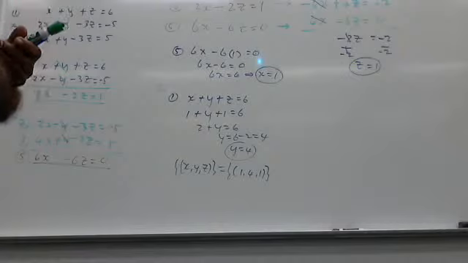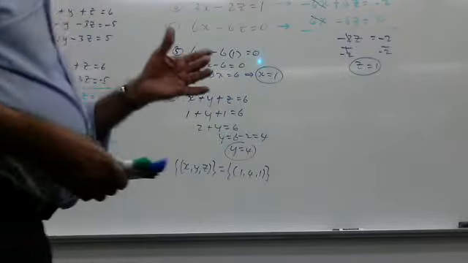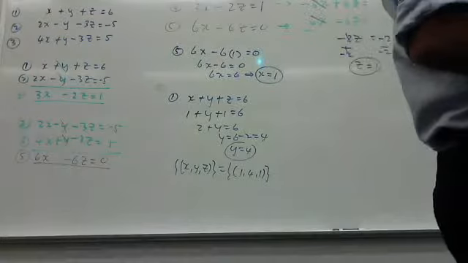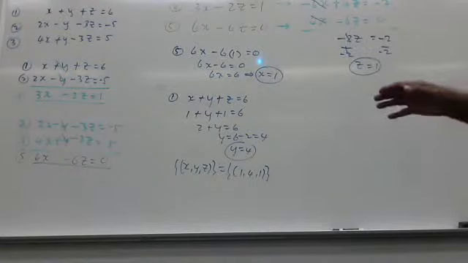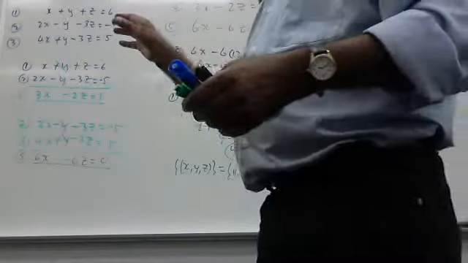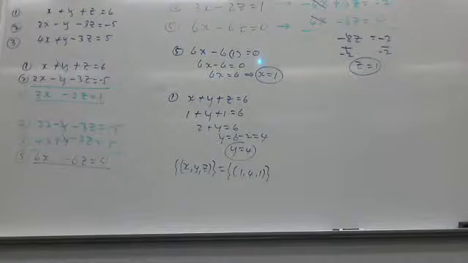Now, there is another way to do this problem. There is more than one way. Another way, as I mentioned to you, is that we can use determinants, in which case we will extract the coefficients of the variables and find the determinant for those.